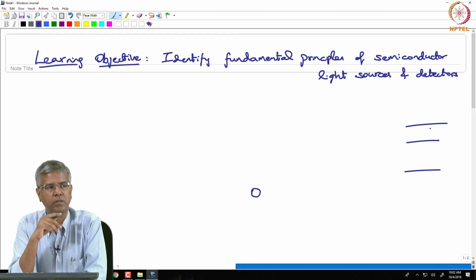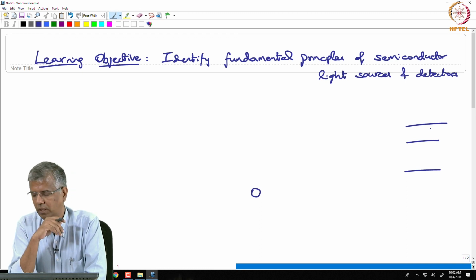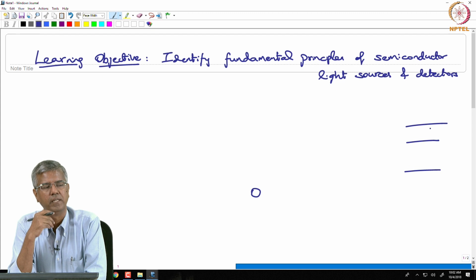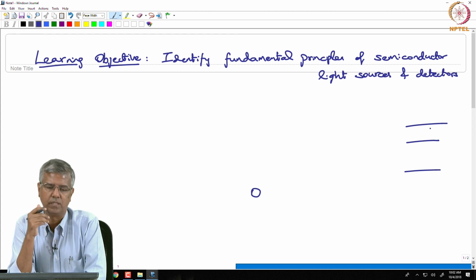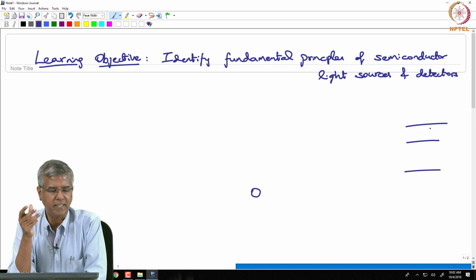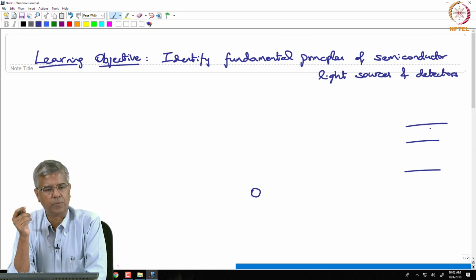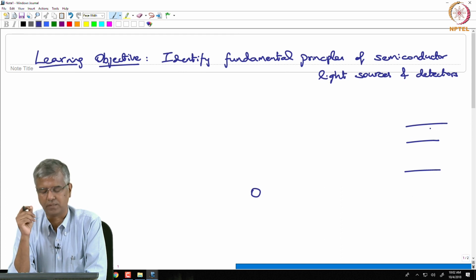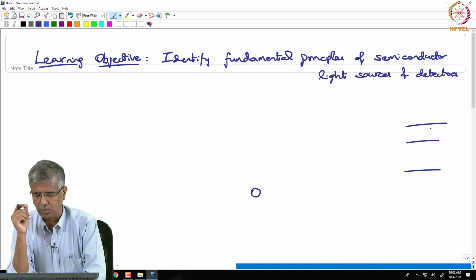And now we are going to start talking about recombination of these charges, electrons with holes, which may give rise to light emission. Of course, it can also do light detection, in which light incident on this material produces electron and hole pairs. So, we will look at some of those principles.